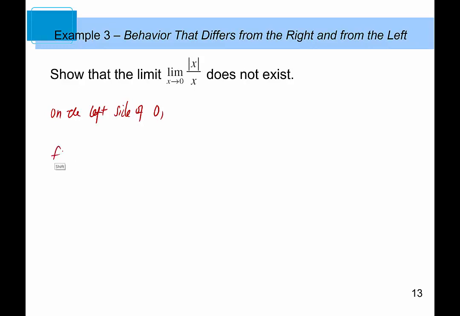now our function f of x is going to be equal to absolute value of x over x. Since on the left-hand side of 0, x is negative, we get rid of the absolute value and you get negative x over x, which is negative 1.